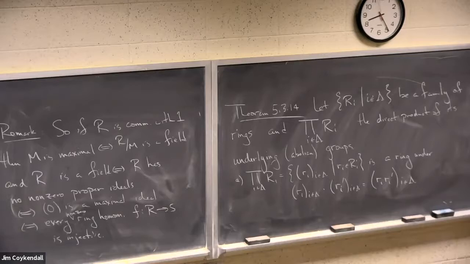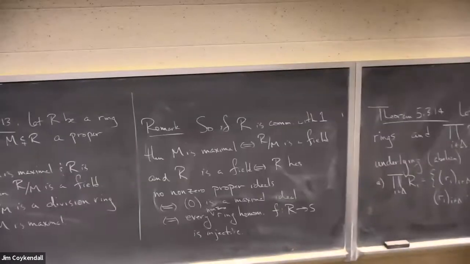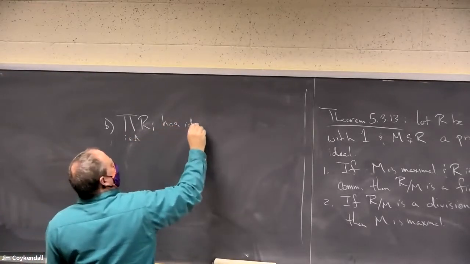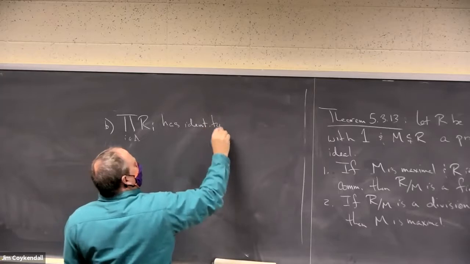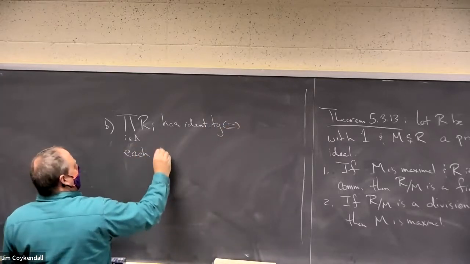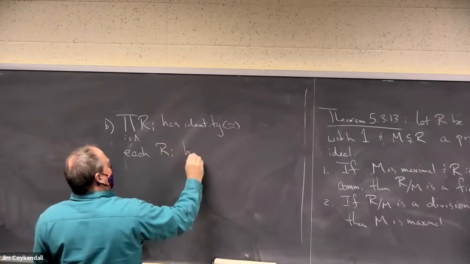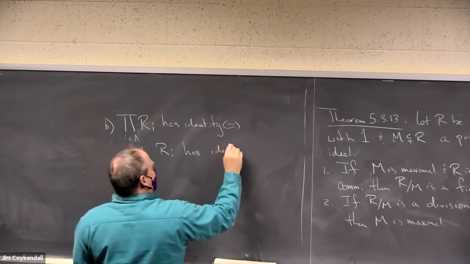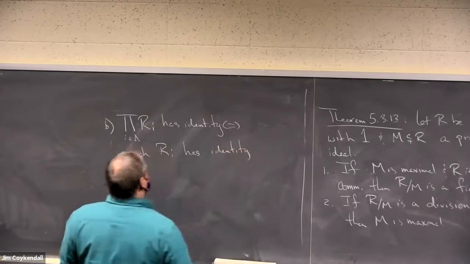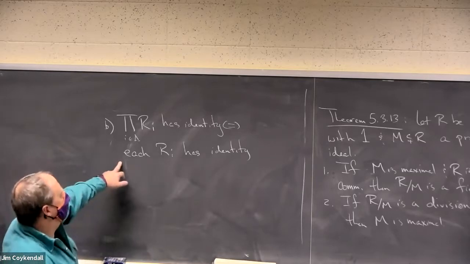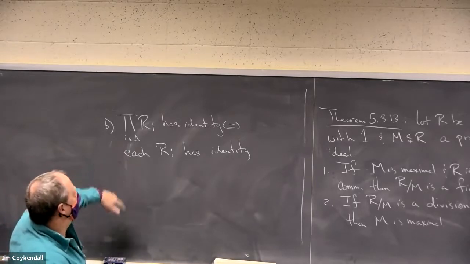And B, there is an identity of this ring if and only if each R_i has an identity.